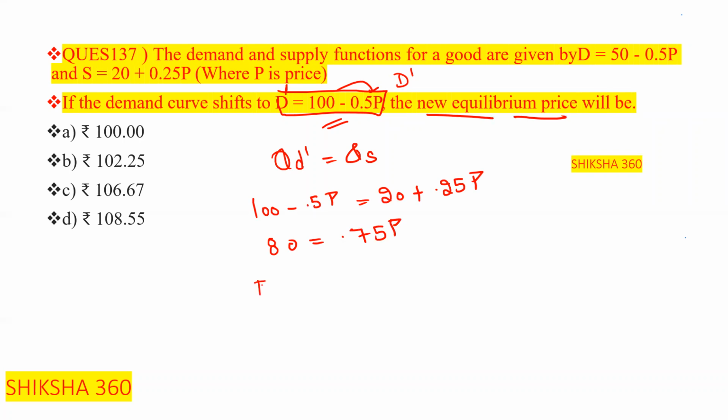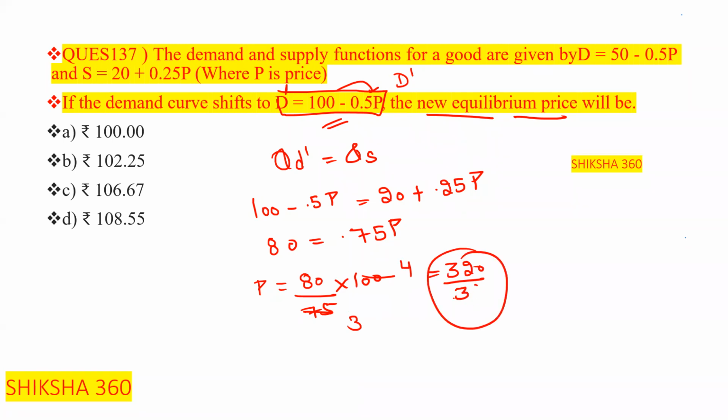So P here is equal to 80 upon 75 into 100. So that is 3, that is 4. So 320 upon 3, clear? 320 upon 3, that is 106 point something, clear? It will come out to 106 point something.